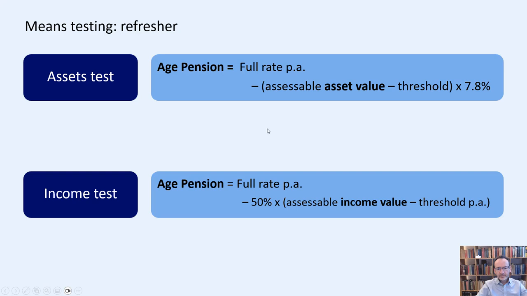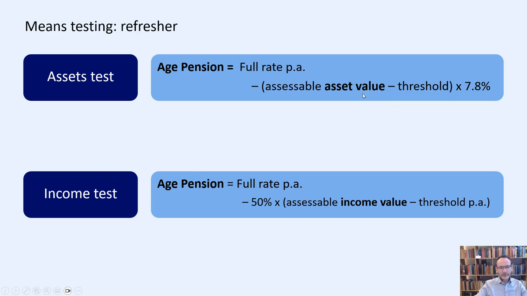So how are these products means tested? Just a refresher, the general means test works like this. There's an assets test, and the way the test works is you start with the full rate of the age pension minus whatever your assessable asset value is, minus a threshold, times 7.8%.